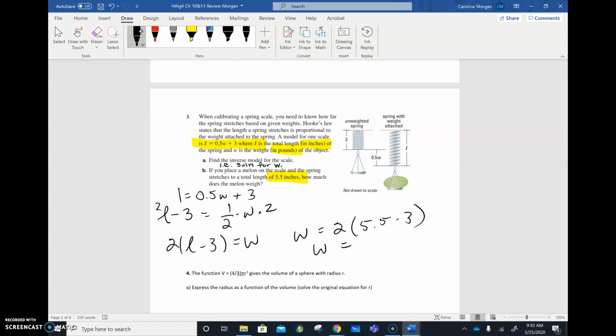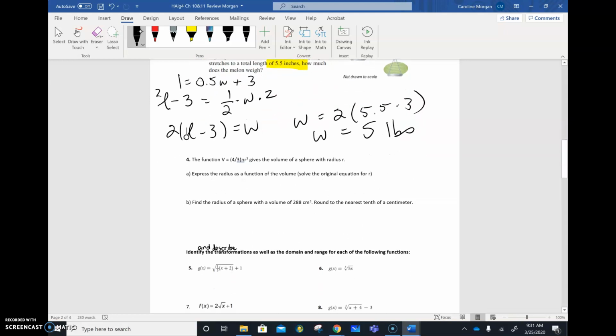So if I calculate that, it should be 5, right? 5.5 minus 3. Just double checking so I don't make a mistake. So it should be 5 pounds, right? Not a big deal. Don't let the wording overwhelm you. All right.